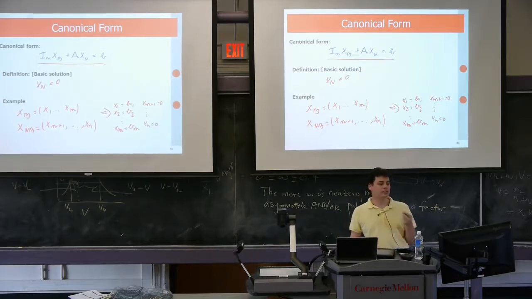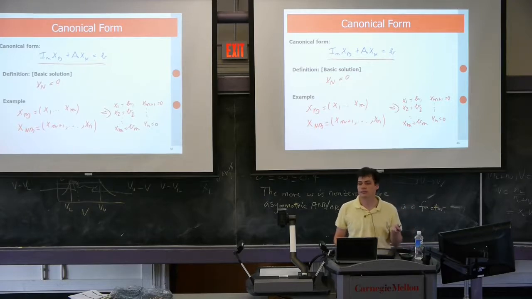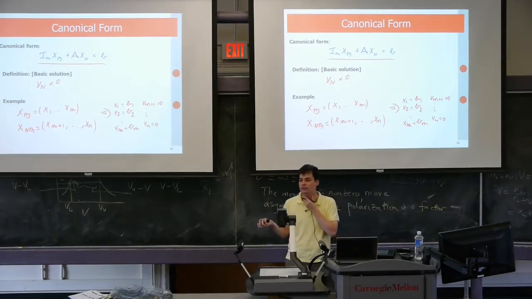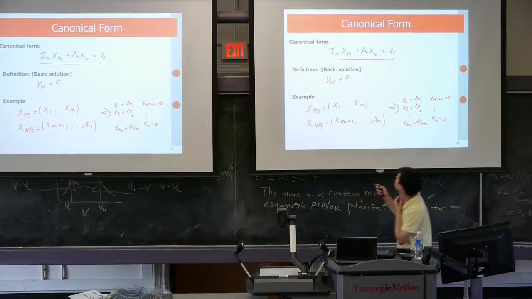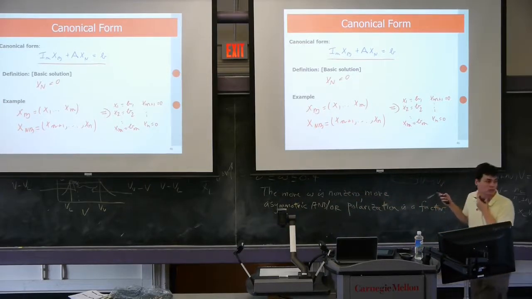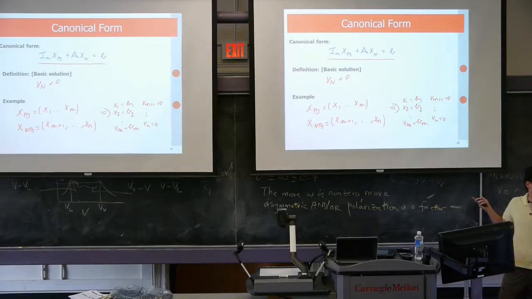And this solution is feasible when? What was the constraint for a feasible solution? That all the x variables are non-negative. So when is this solution feasible? When vector b is non-negative, right? Everything is clear?